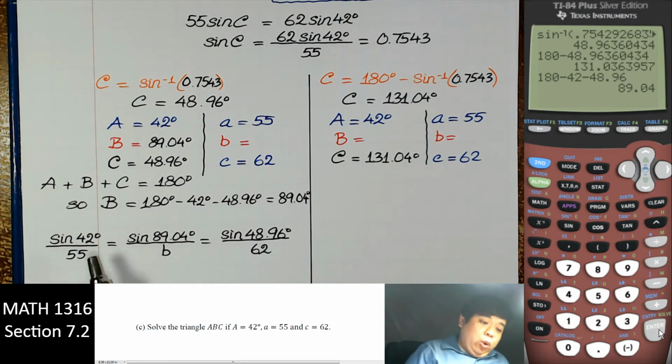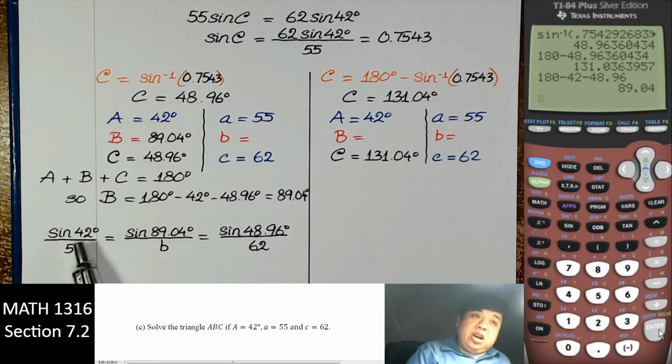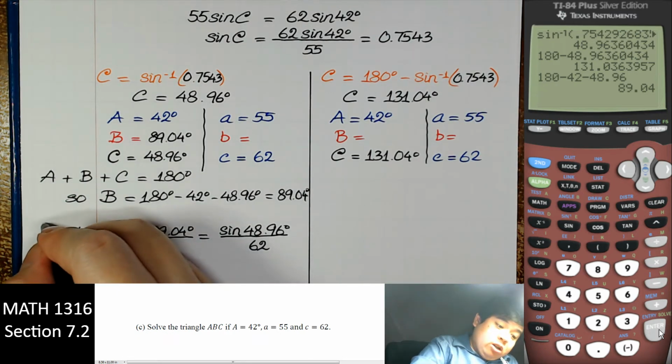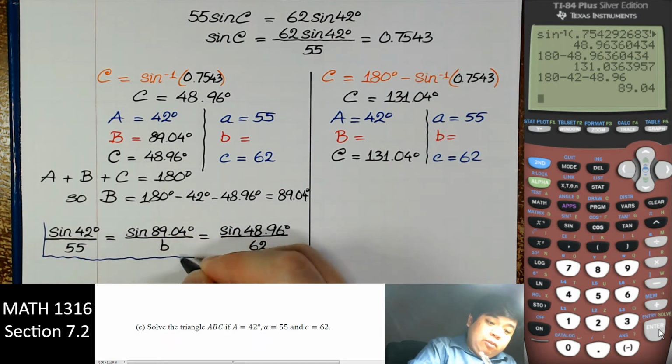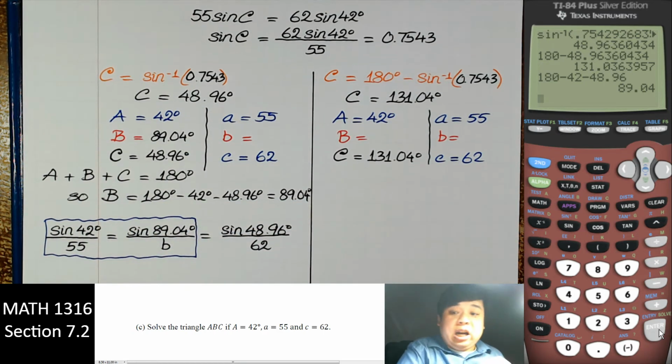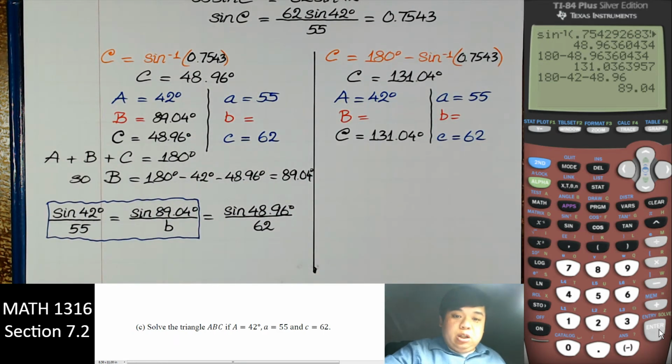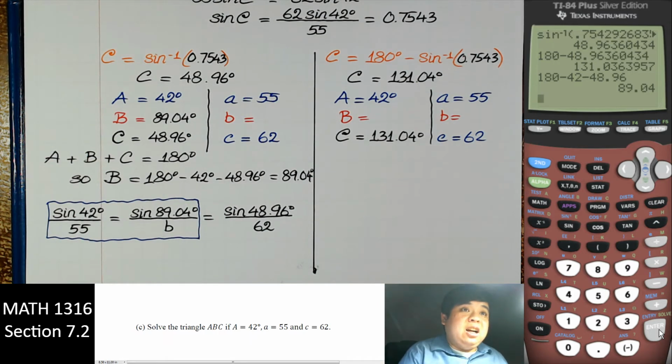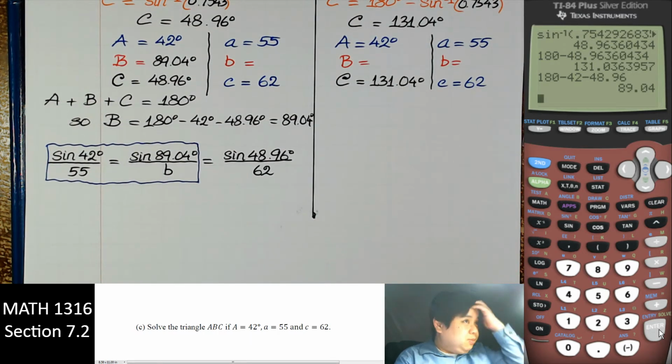Once again, we are given 42 and we are given 55. This number 48.96 we calculated, so it's not as accurate as the number given. So if I have a choice between using the numbers that are given and the numbers that are calculated, always use the numbers that are given because that's more accurate.